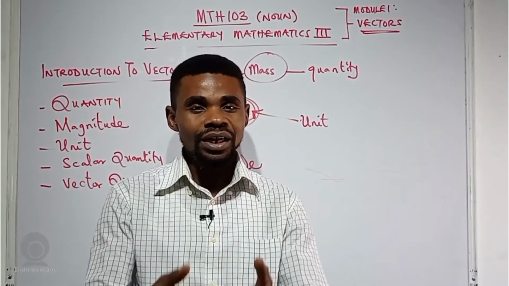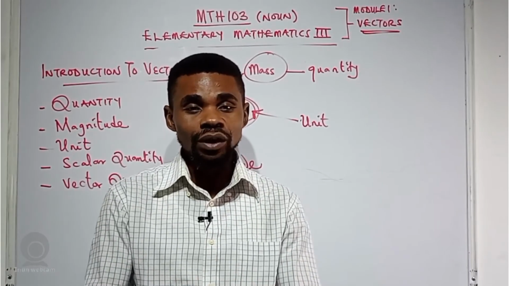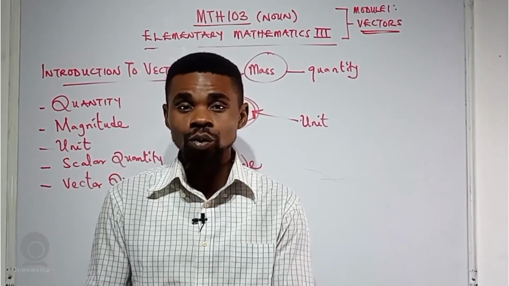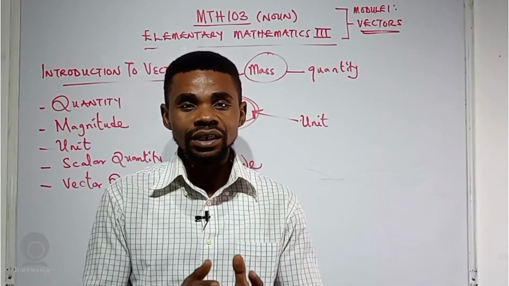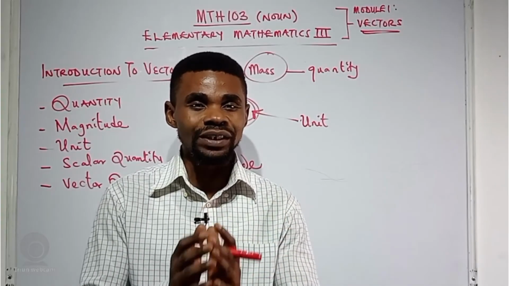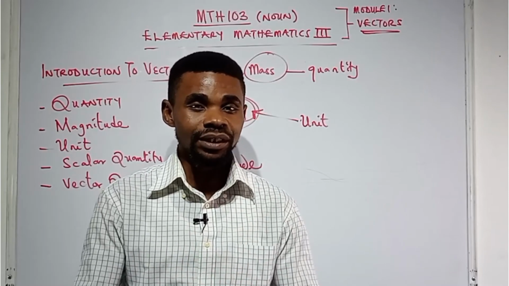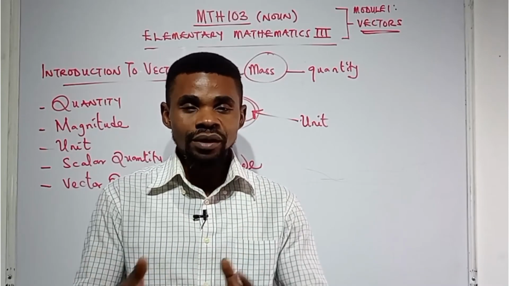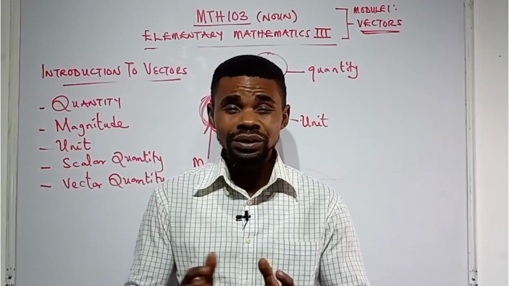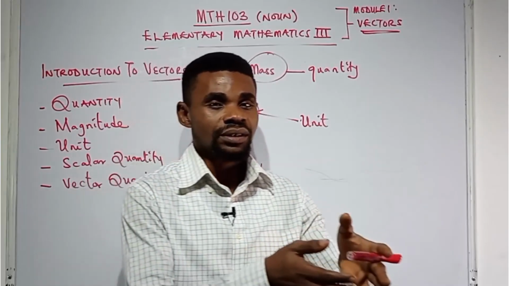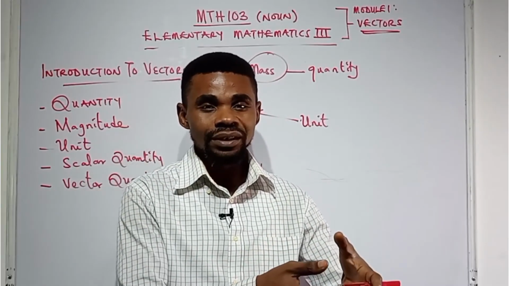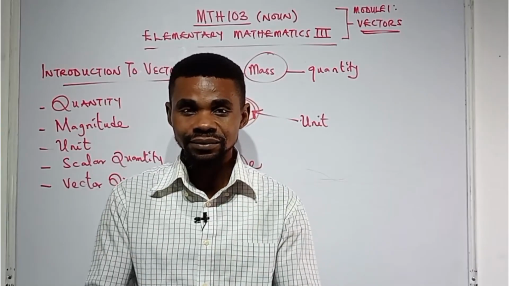All right, so we have other examples. Even velocity itself is a vector quantity. Why is velocity a vector quantity? Because velocity is defined as displacement per unit time, that is, the rate of change of displacement. Physics makes us understand that there is a difference between displacement and distance.